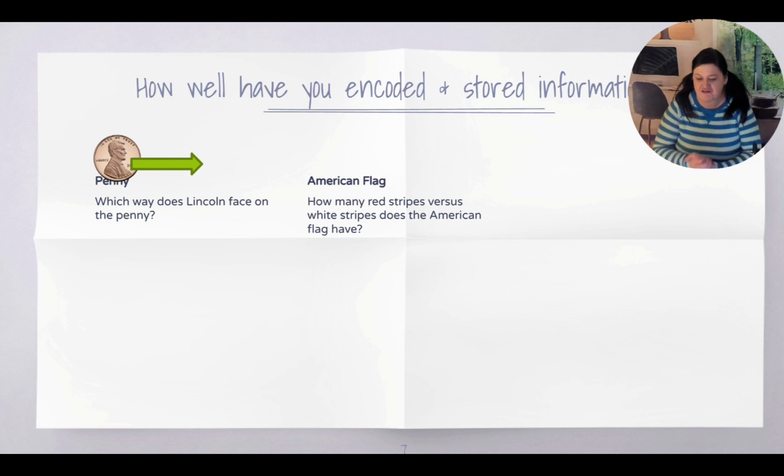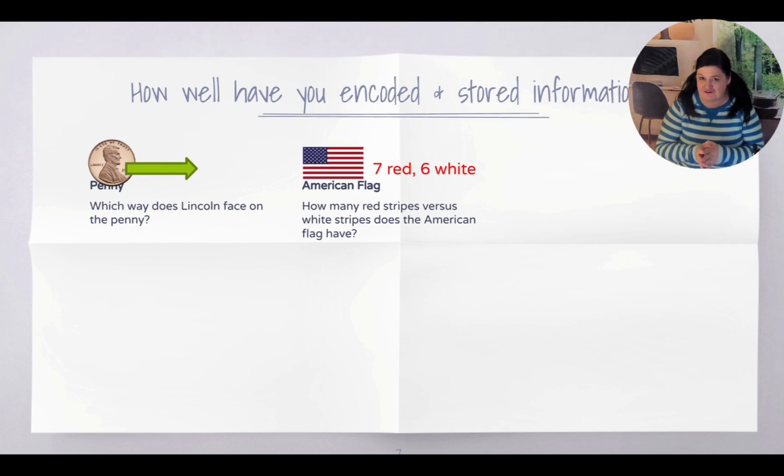Second, the American flag. How many red stripes and how many white stripes does an American flag have? Hopefully you remember that each represents one of the colonies, so there are 7 red and 6 white. How about pencils? We see pencils every single day.